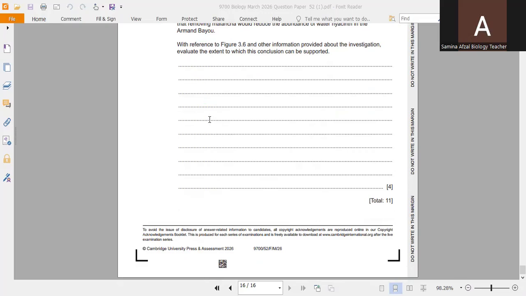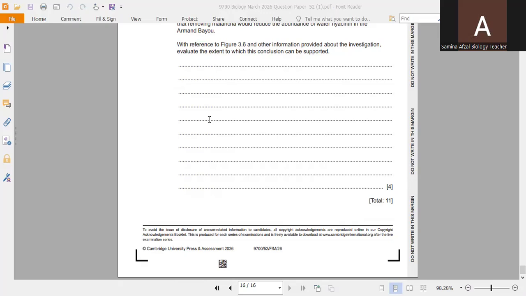There can be some arguments which can support or challenge this conclusion. Here I would go with treatment 1. We removed both plants initially, yet the water hyacinth still grew back to 1.9, which is higher than treatment 2.